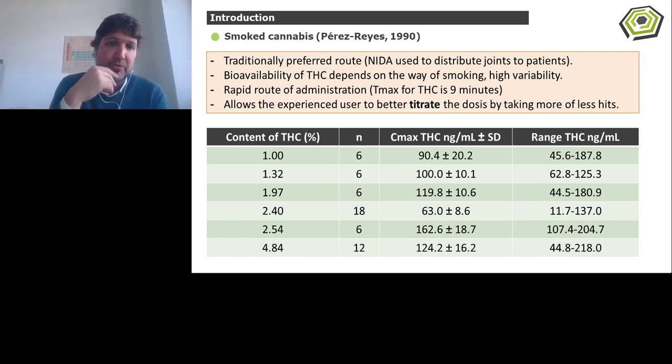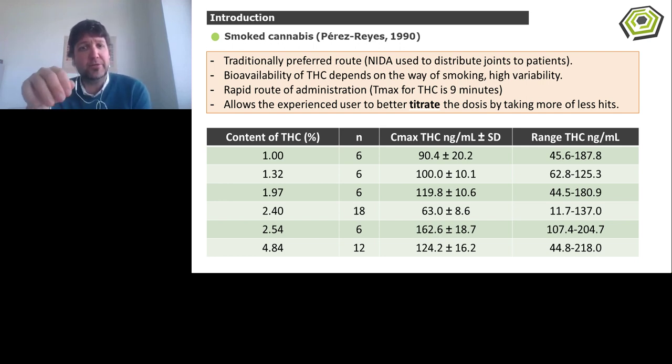The problem with smoking is that, as you can see here, the concentration in the blood goes over 100 nanograms per ml really fast. 100 nanograms per ml is more or less the concentration of THC in the blood after which you will have psychoactivity, or you will be high.